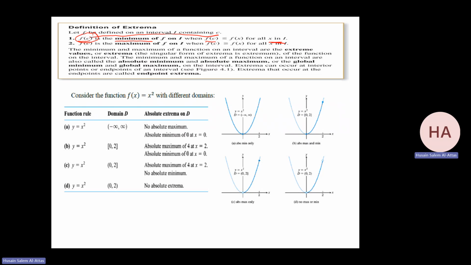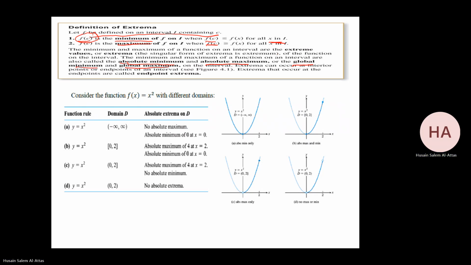So f of c will be the smallest value over all the interval. And we say f of c is the maximum if f of c is greater than or equal to f of x for all x in I. And we call this absolute maximum, absolute minimum, and sometimes we call it global minimum or global maximum.